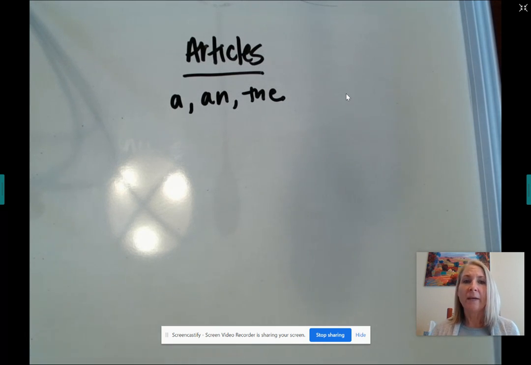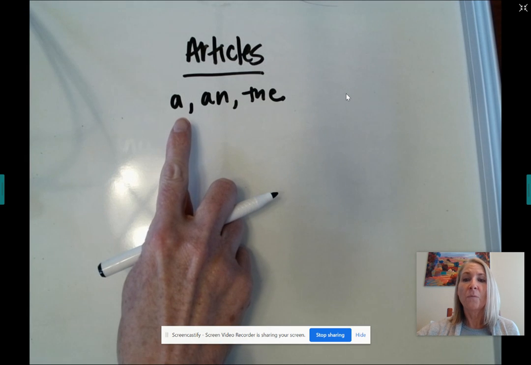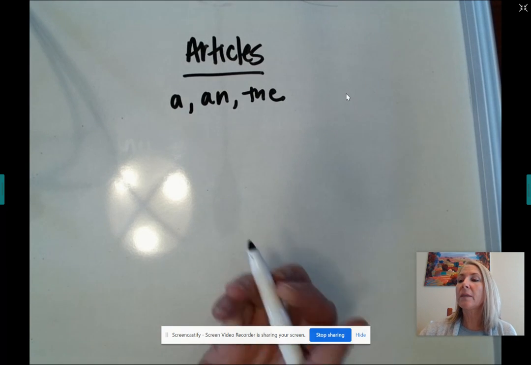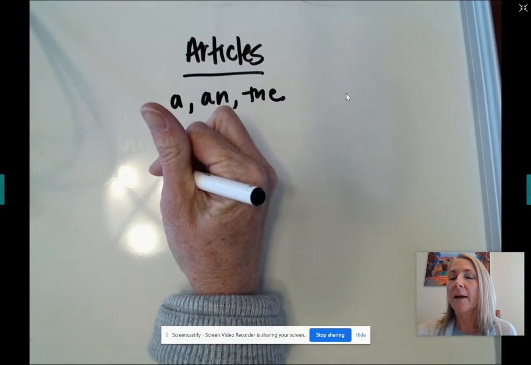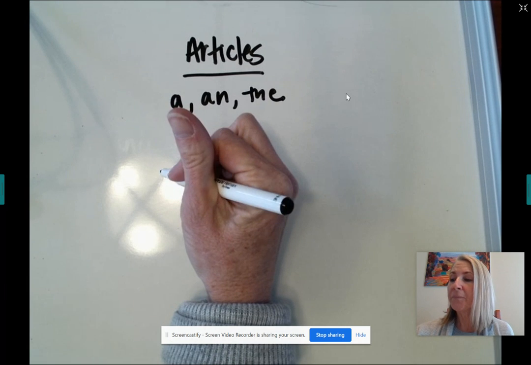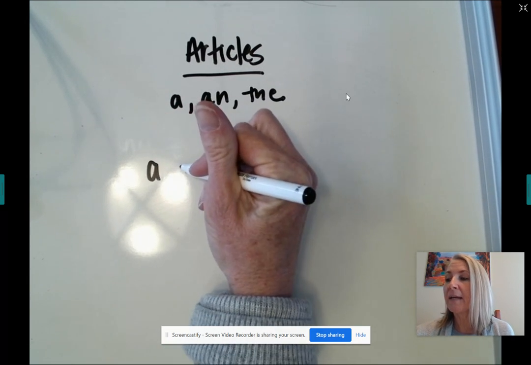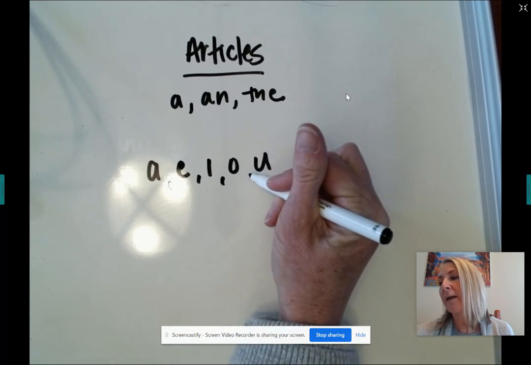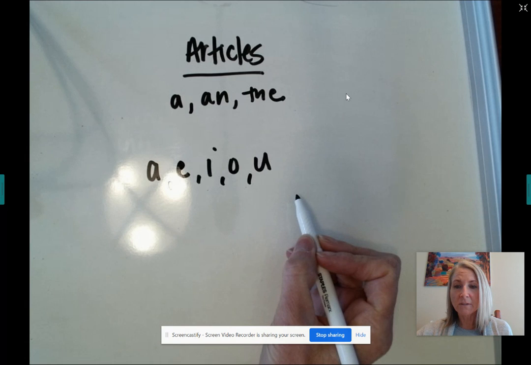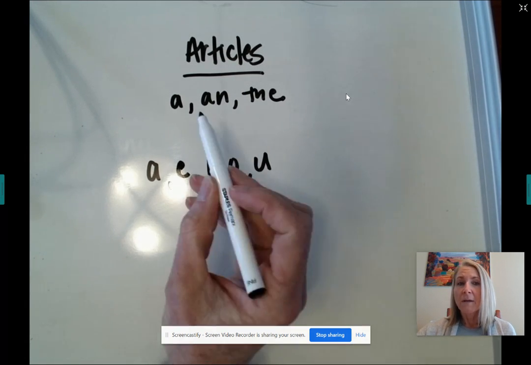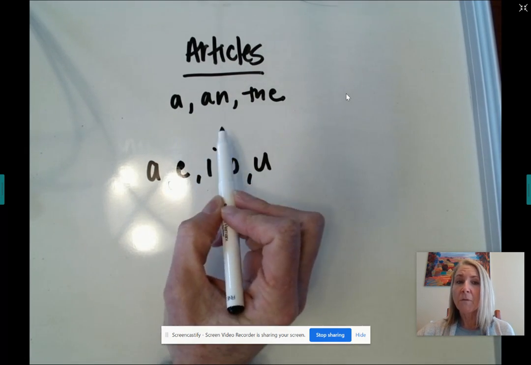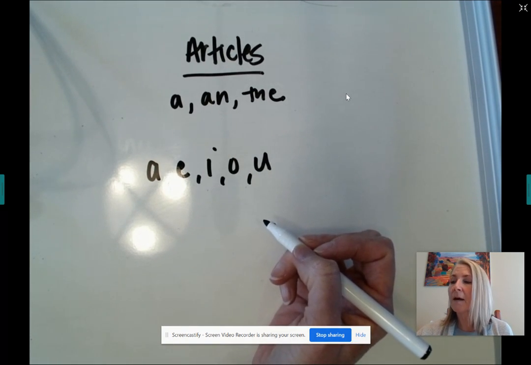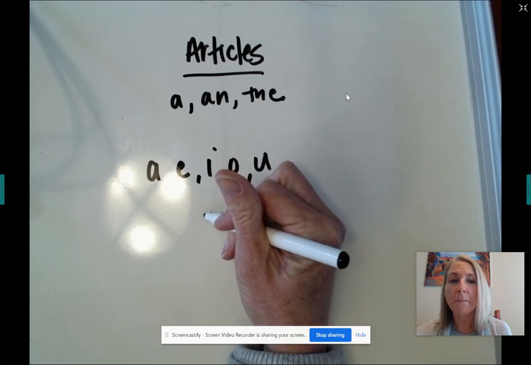One area I want to talk about is when to use a versus an. Think about words that begin with a vowel. Vowels are A, E, I, O, and U, and sometimes Y. If a word starts with a vowel, would you use a before it or an? Let's think about the word umbrella.